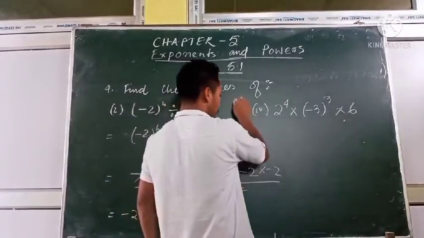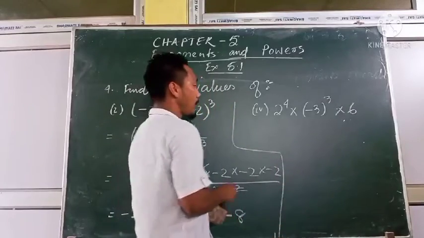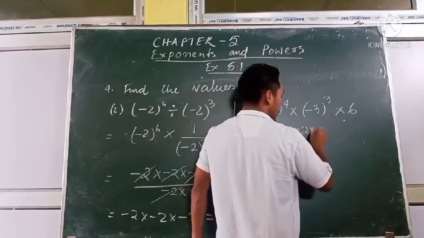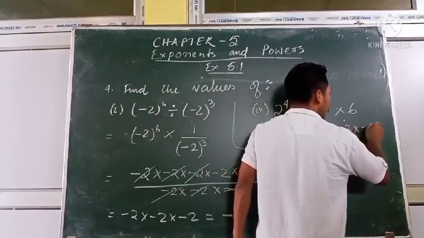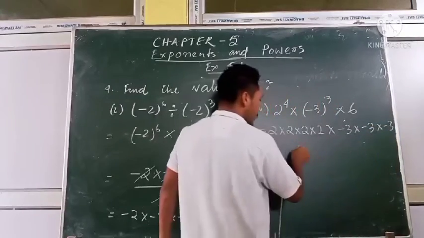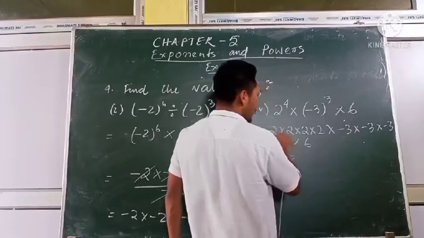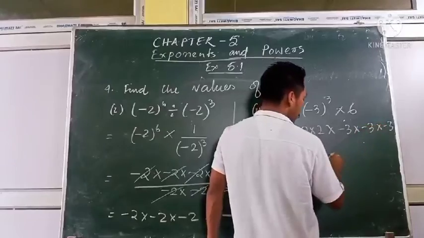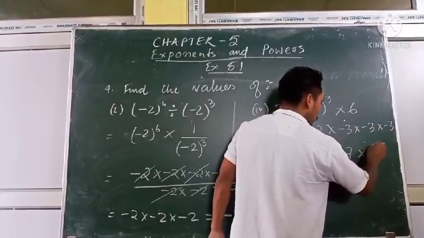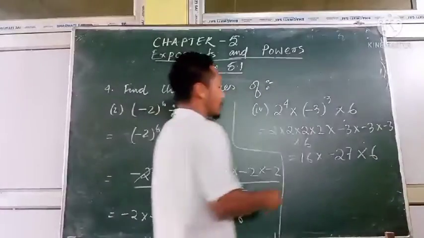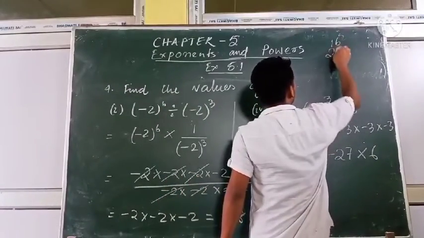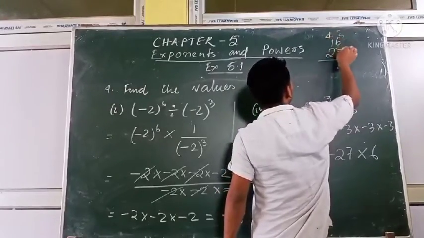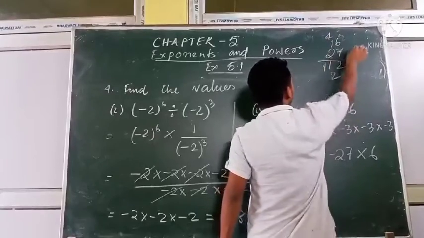So next we have this one: minus 2 to the power 4, that is 2 you have to multiply 4 times, and minus 3 to the power 3, you have to multiply 3 times, and 6 you have to multiply only 1 time. That means 2 times 2 is 4, 4 times 2 is 8, 8 times 2 is 16, into minus 3 times 3 times 3 is minus 27, into 6. Now multiply 16 into 27. 7 times 6 is 42, 4 and then 7 times 1 is 7, plus 4 is 11, 6 times 2 is 12, 1 and then 2, 1, 2, 3.